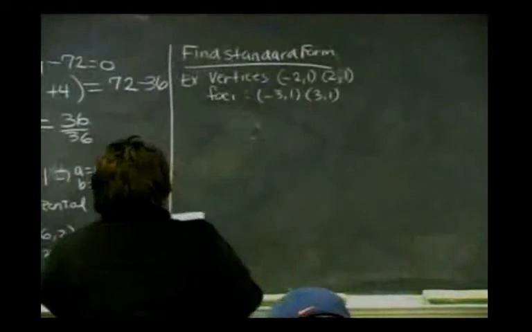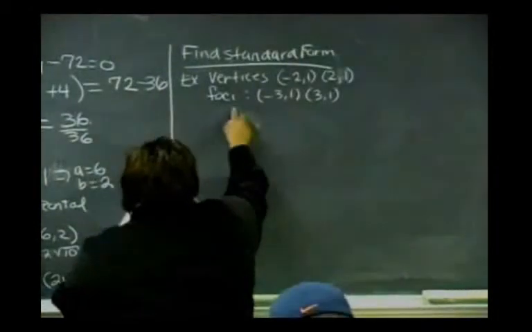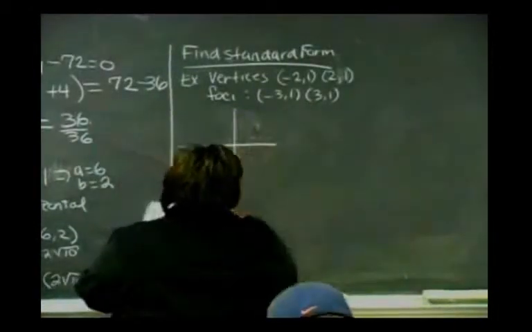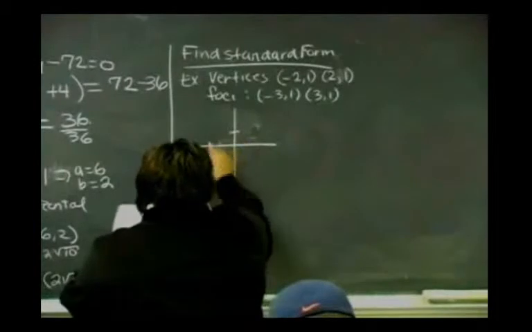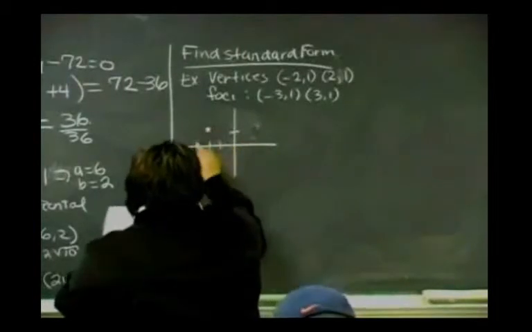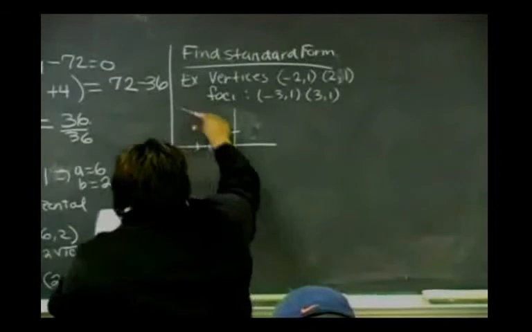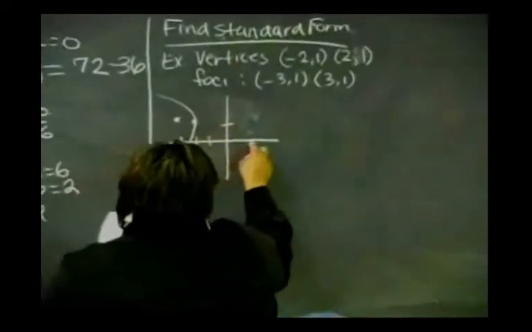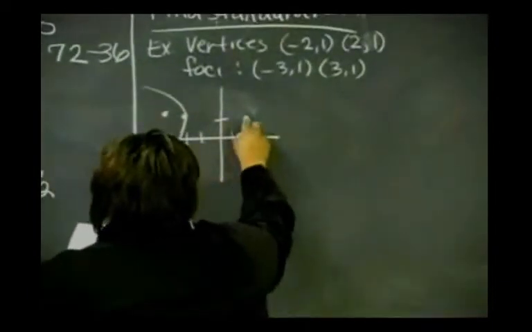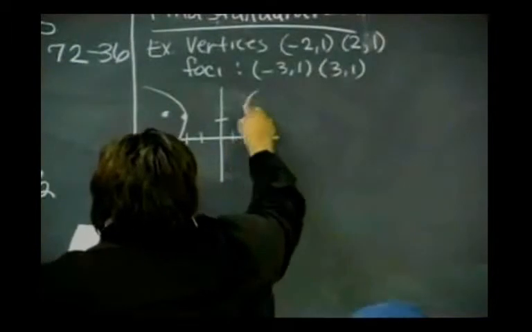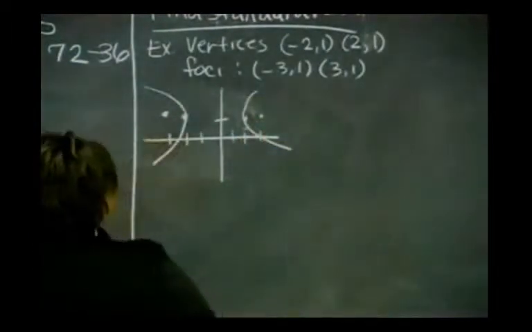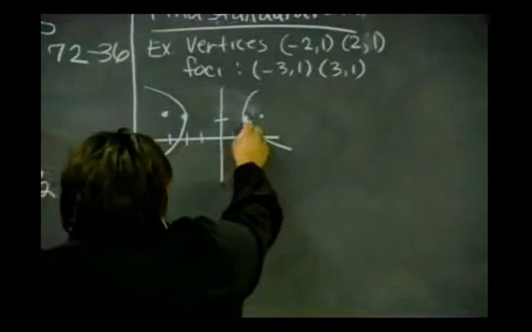If we sketch this thing, negative 2, 1, negative 3, 1, and 2, 1, and 3, 1 looks like this. So yes, we can find our center.